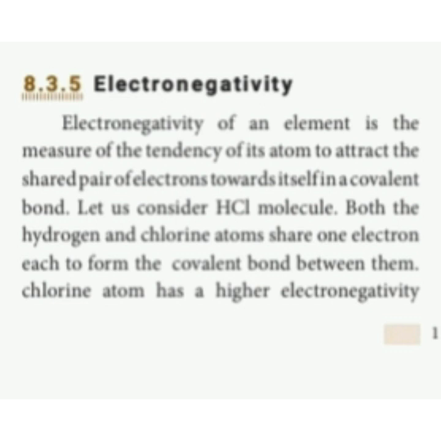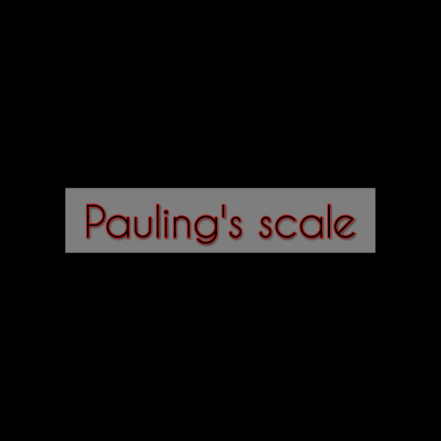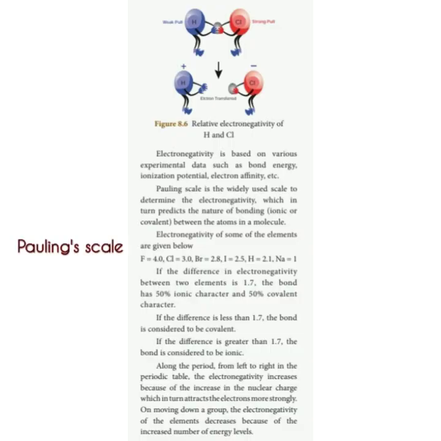Thus the bond easily breaks, and the bonding electrons are left with the chlorine, forming H plus and Cl minus. There is one diagram for the relative electronegativity of H and Cl.